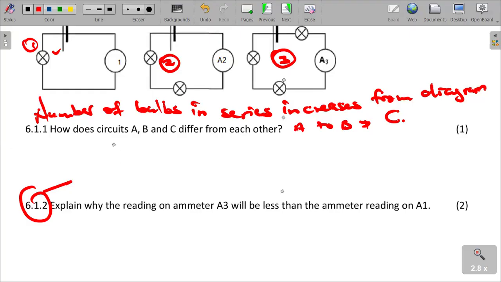So our point is that we have more resistors, more bulbs that are given there. There are 3 here.